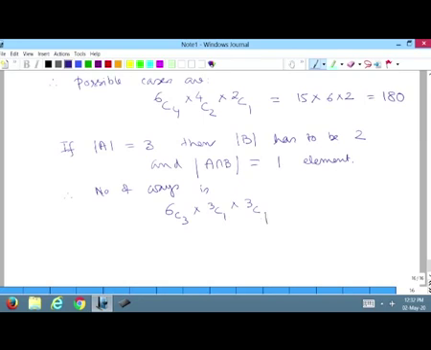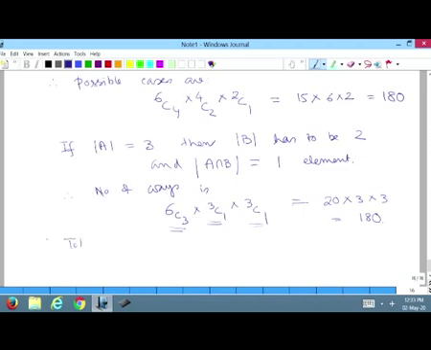Out of 6, we choose 3 for A, out of these 3, we choose 1 for B, and out of the remaining 3, we choose 1 for B, is equal to 20 into 3 into 3 is equal to 180.